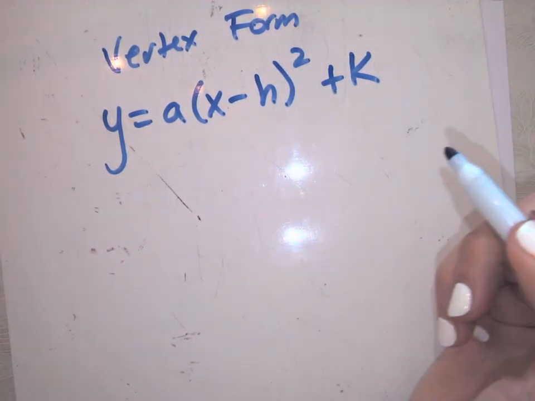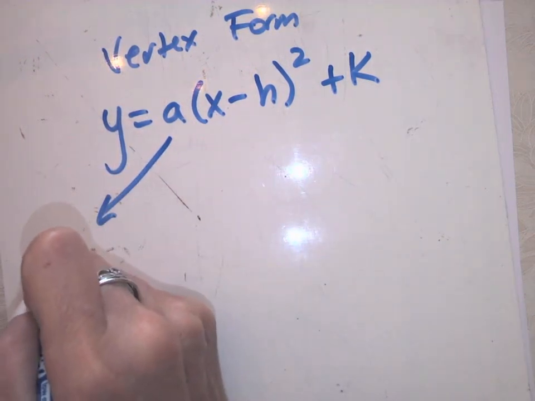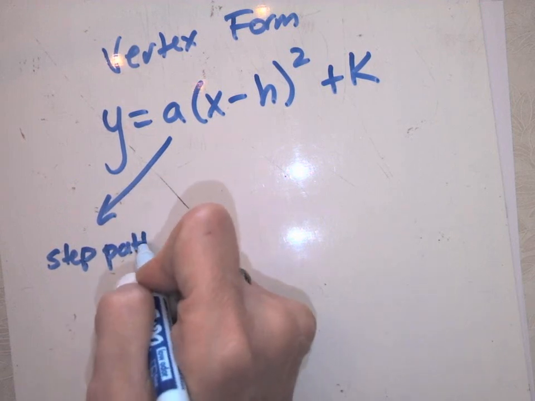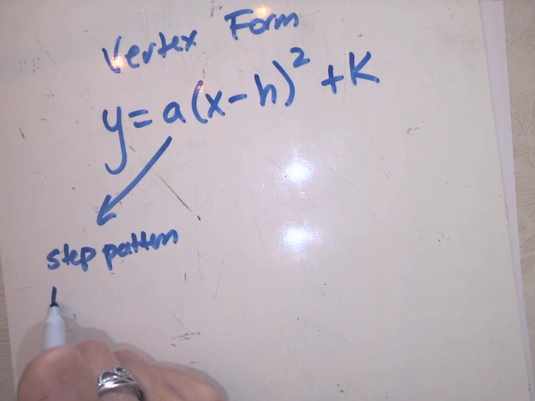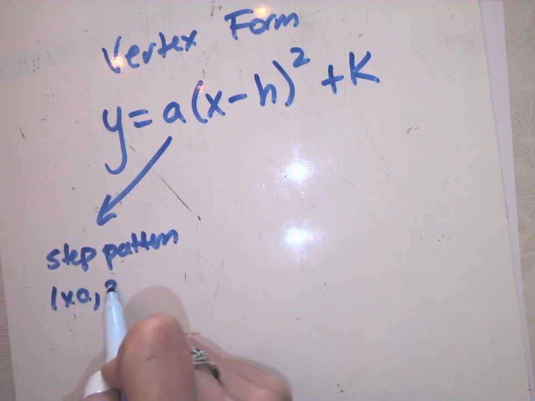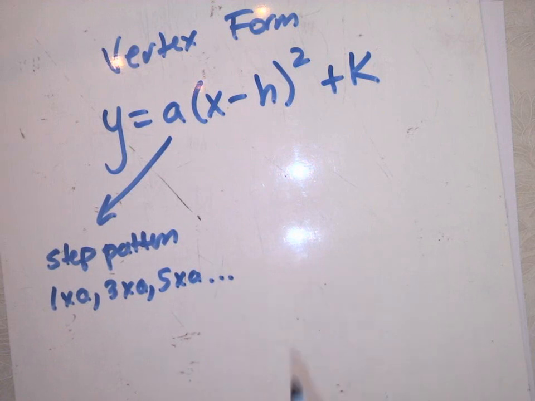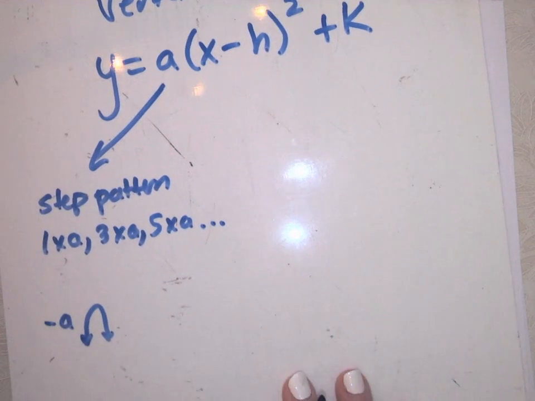And the a affects the step pattern. The step pattern changes from our normal 1, 3, 5 to 1 times a, 3 times a, 5 times a, etc., 7 times a, etc. And if a is negative, our parabola would be upside down, or a vertical reflection.